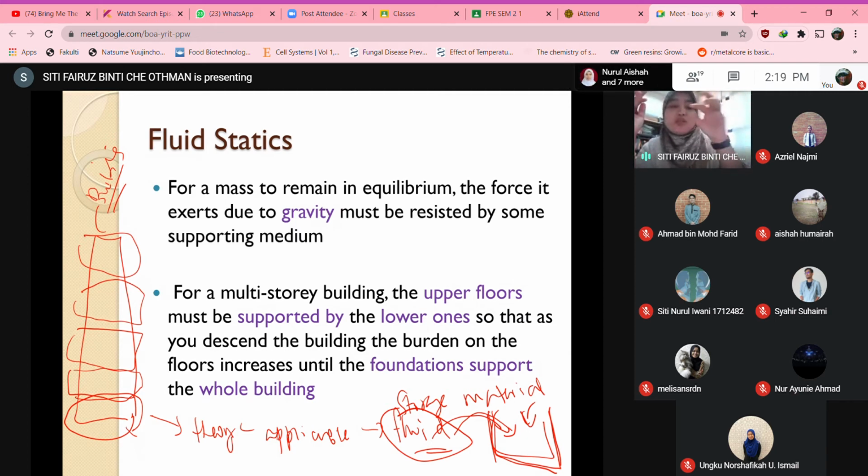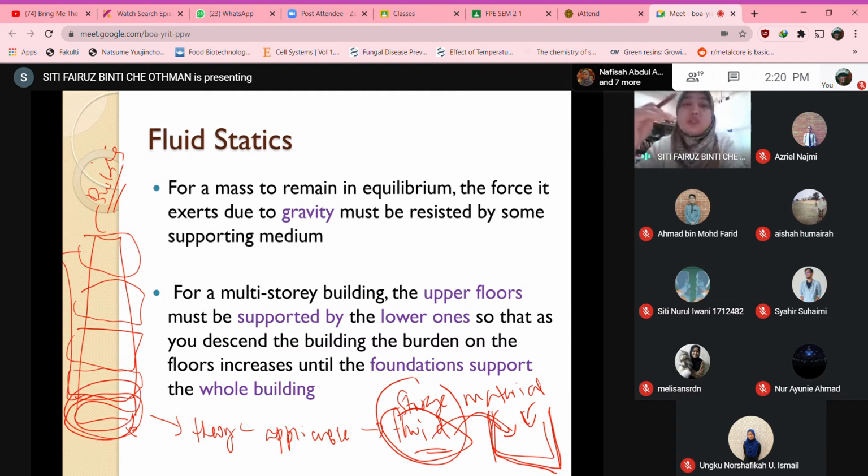That's why for this particular week, for this particular course, the thing that you really need to measure is the pressure. If you don't handle this pressure properly, if your system cannot withstand the pressure that this fluid holds, it could collapse. Like here, if the foundation is not strong, it will collapse.